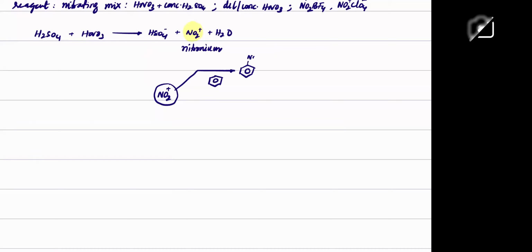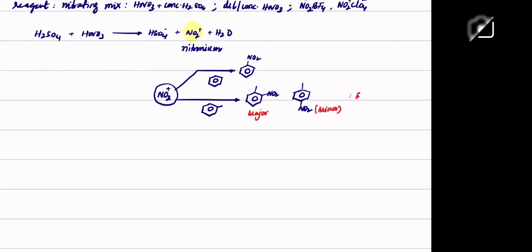Correct? Similarly, if you take it with toluene, you will get nitro at the ortho position and nitro at the para position. Generally, you will notice that para is major, but in this case, ortho is major. Major and minor, this is an exception. Clear?